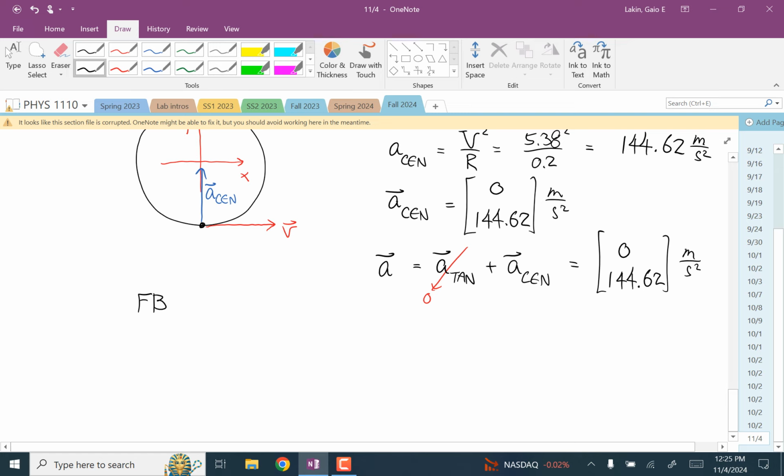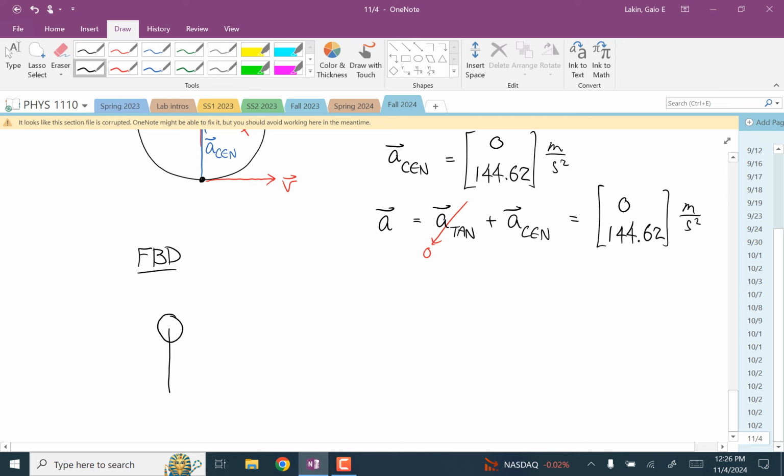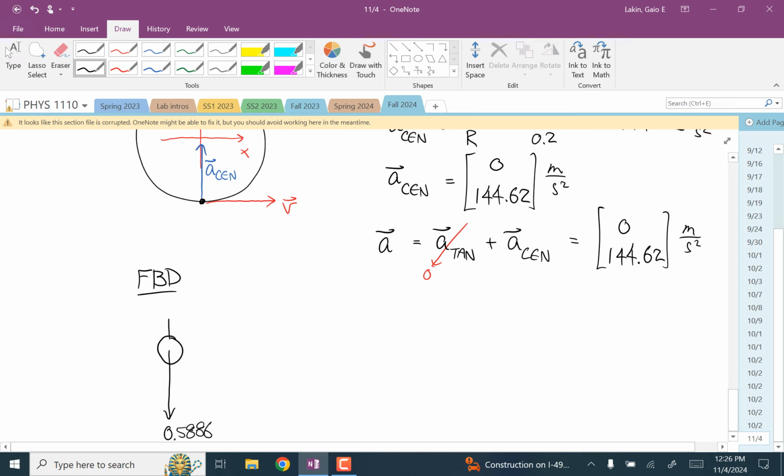And now the free body diagram. The weight is down. That's 0.5886 newtons. The cable tension acts up.